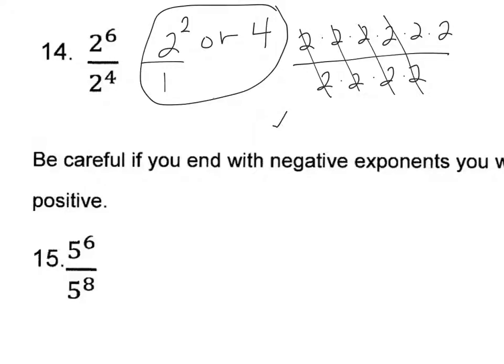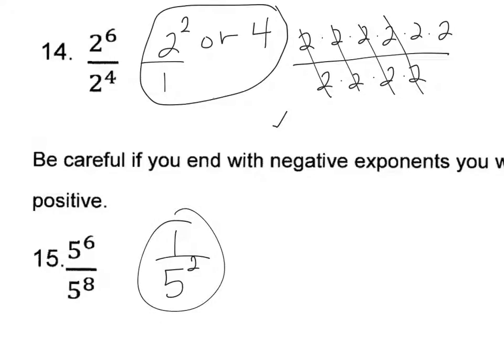Number 15 is telling us to be careful, and what you'll see here is that you've got 6 in the top, 8 in the bottom, and you'd be able to cancel how many sets? Canceling 6 sets, you'd be left with 5 to the second in the denominator. So this would be acceptable.